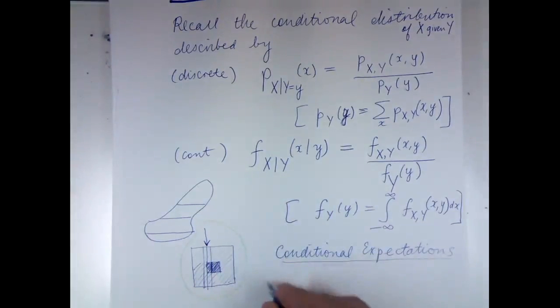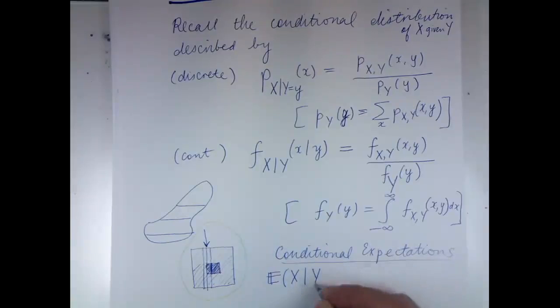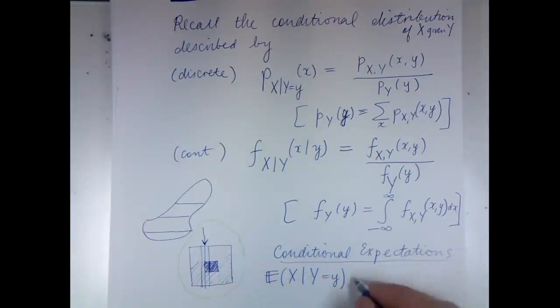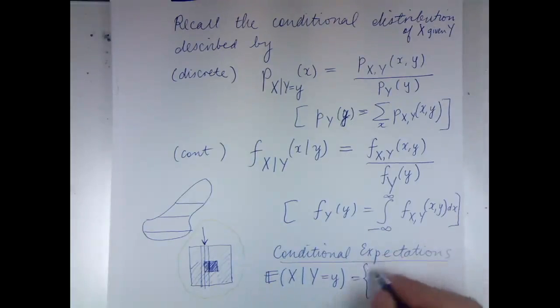So if I have, once again, a variable X given Y, X given Y equals y. Let's do this first in the discrete case. I can write a conditional expectation in either case. In the discrete case, there's absolutely no problem with doing this. It's the sum over the possible x values taken.